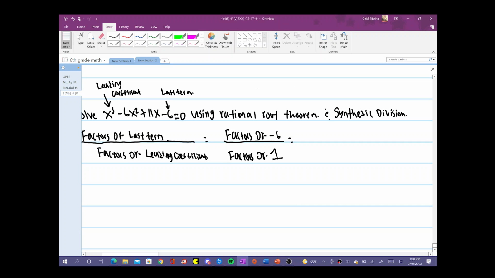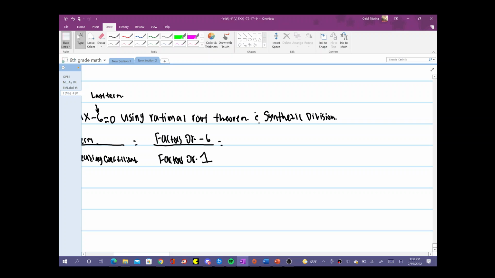If you do a factor tree, you should get that the factors of negative 6 are plus or minus 1, plus or minus 2, plus or minus 3, and plus or minus 6. The factors of 1 are just plus or minus 1.